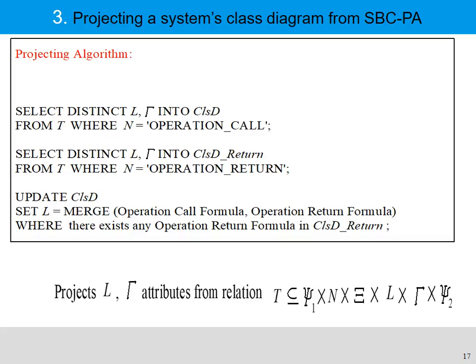The third step is to update the class D relation by merging the operational call formula and the operational return formula, if there exists any operational return formula in the class D return relation.